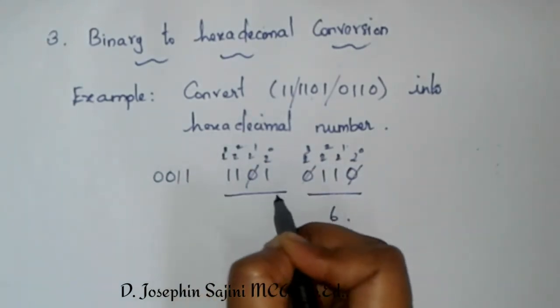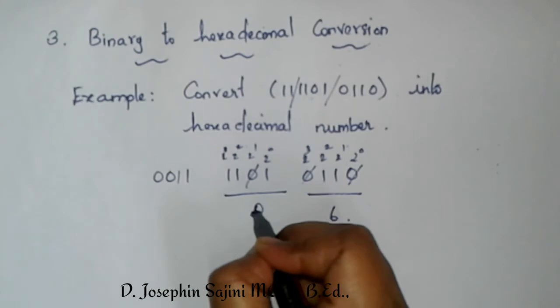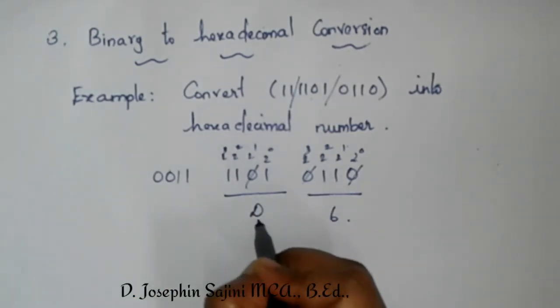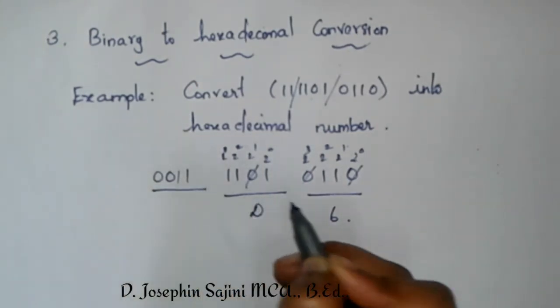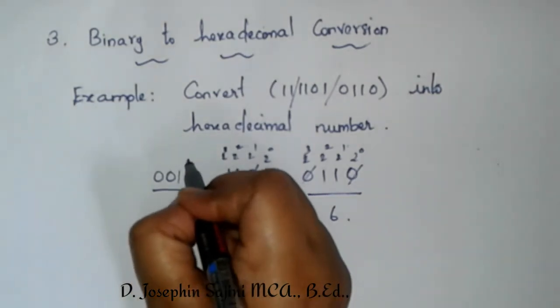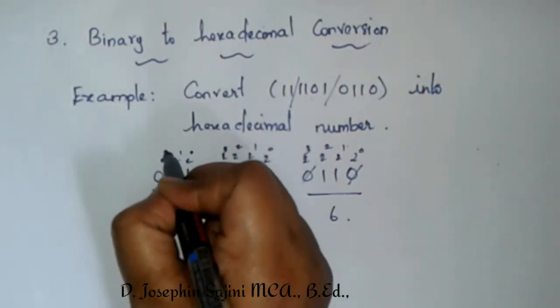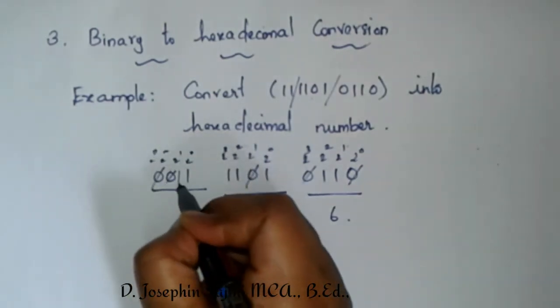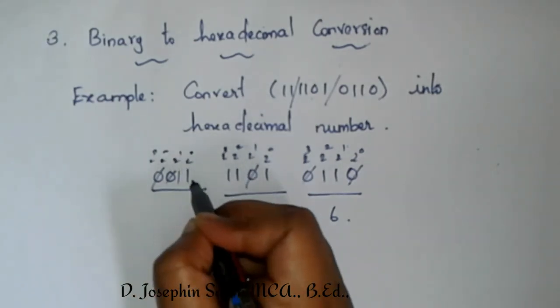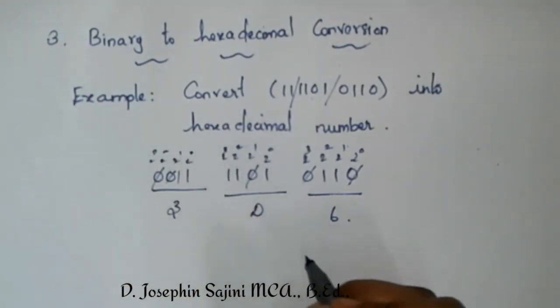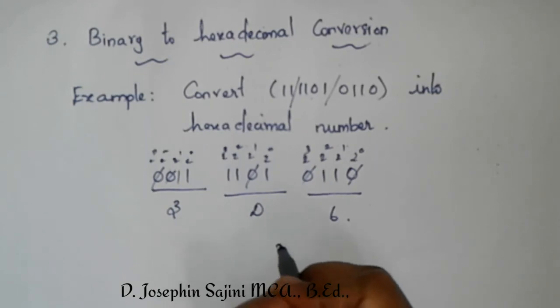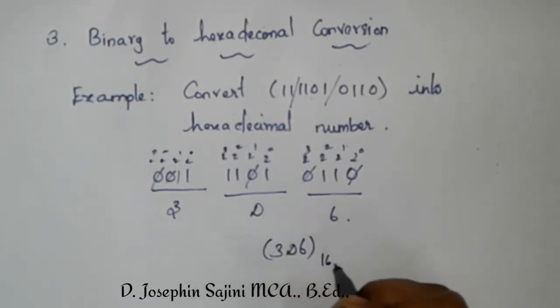Eliminate this, we will get the value as D, that is the hexadecimal value. Here 2 power 0, 2 power 1, 2 power 2, 2 power 3. Eliminate these two. So 1 plus 2, that is equal to 3. So our answer is 3D6 to the base 16.